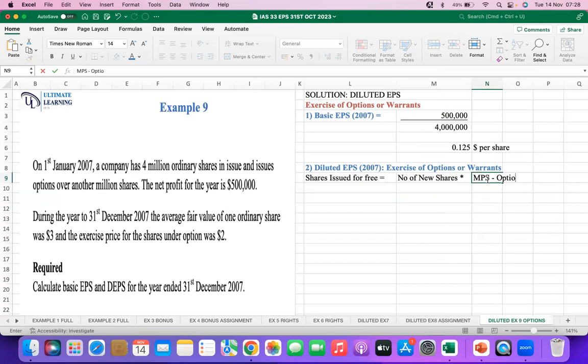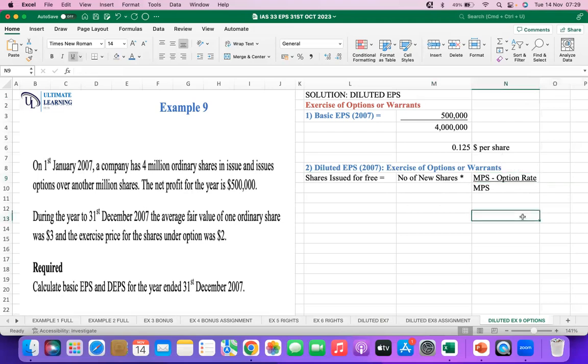Remember the market price was 3 and the option rate was 2. I will explain through example.